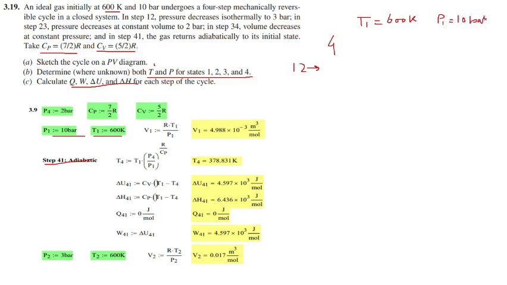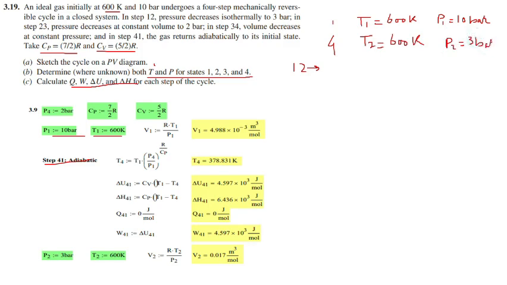In step 1 to 2, the pressure decreases isothermally to 3 bar. So this is state 1, and then state 2. The temperature remains constant, so T2 will be the same as state 1 because this is an isothermal process, while P2 will be 3 bar.